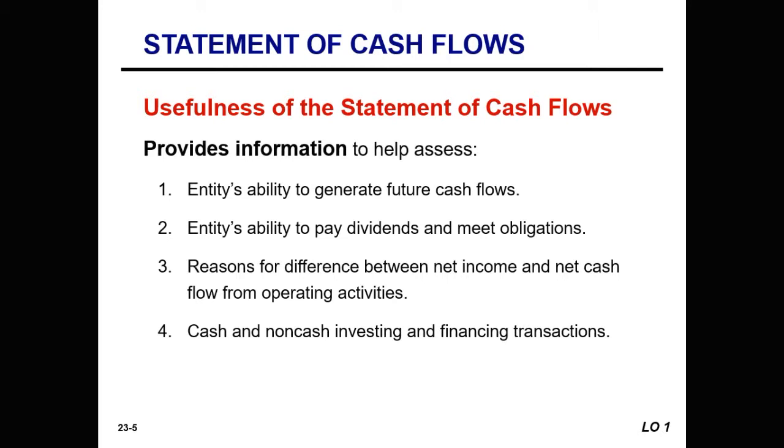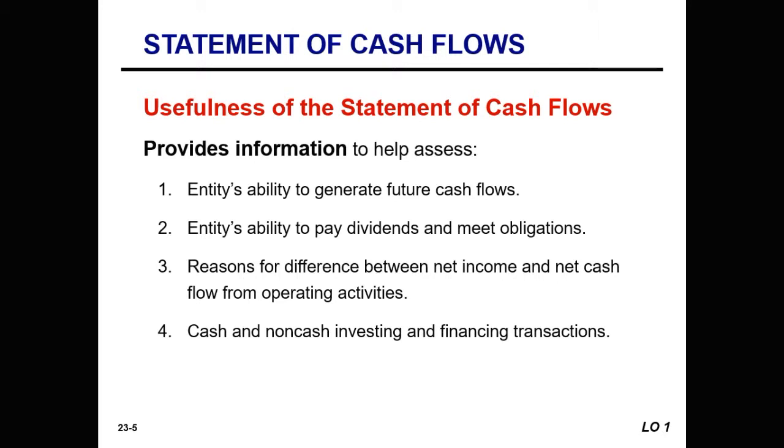The information in a statement of cash flows should help investors and creditors, our two primary audiences of the financial statements, and others to assess the entity's ability to generate future cash flows, the entity's ability to pay dividends and meet obligations, the reasons for differences between net income and net cash flows from operating activities, and the cash and non-cash investing and financing transactions during the period.